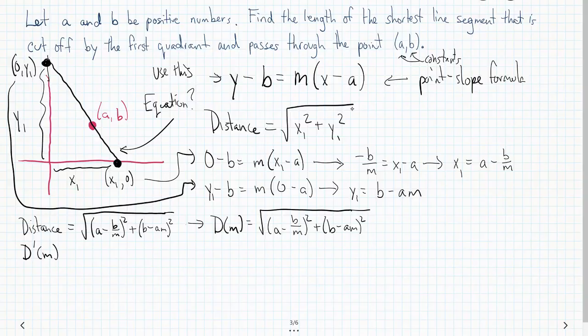So d prime of m, notice the square root, it looks scary, but this is 1 over 2 times the square root of a minus b over m, the quantity squared, plus b minus am, the quantity squared.